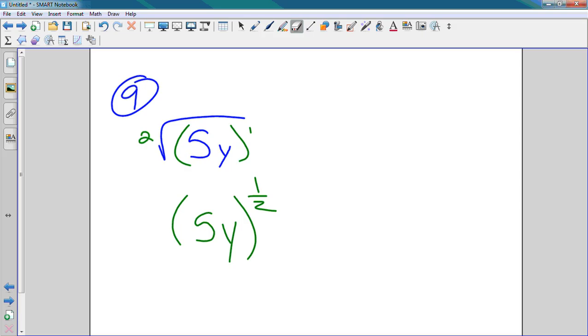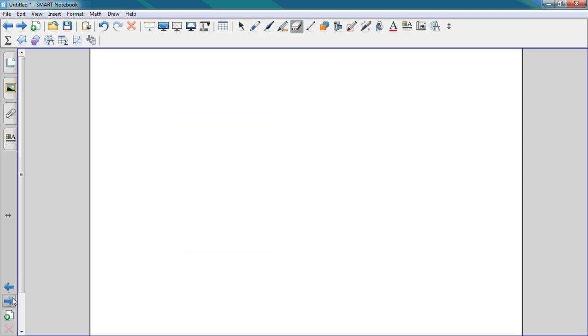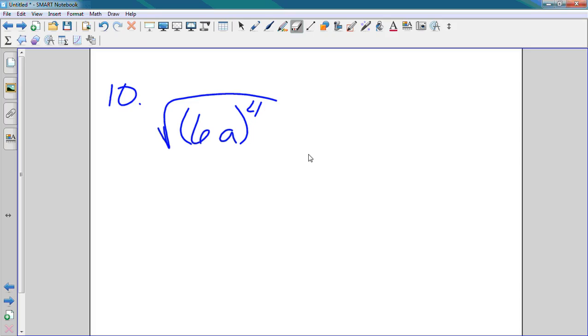Let's do another one. This one is number 10. How do I write this one with a fraction? If I have 6a, when there's a square root, it just means 2.